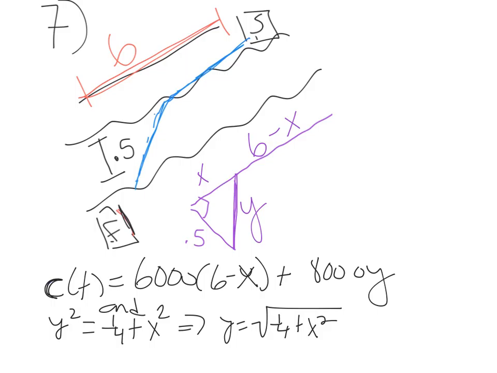Okay, so we've got these two equations. I'm actually going to go to a new page. Well, you want to plug y into the cost equation, and then find the derivative, which leads you to find x. So what we're going to do is plug it in.